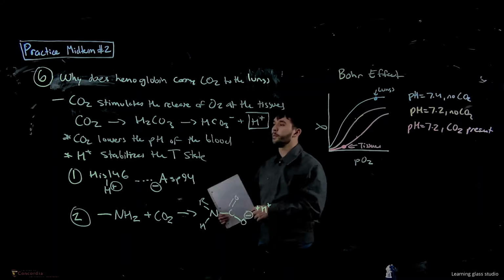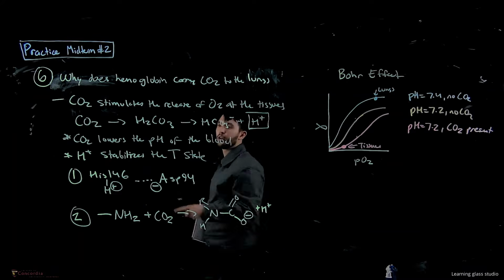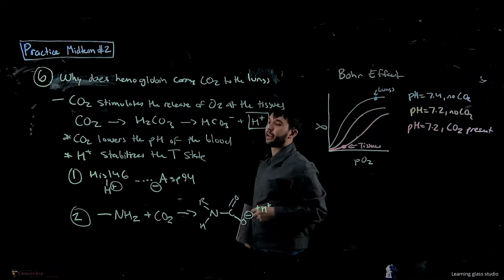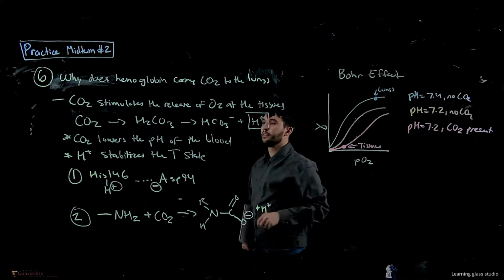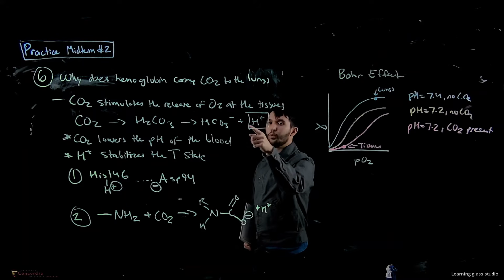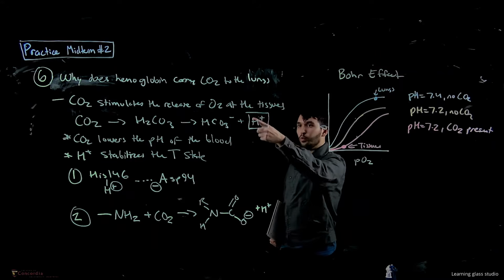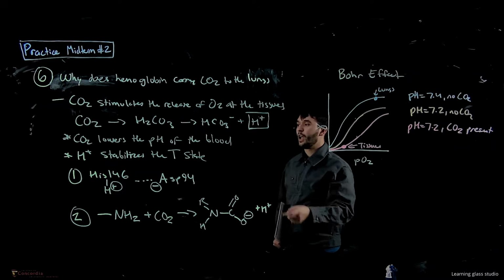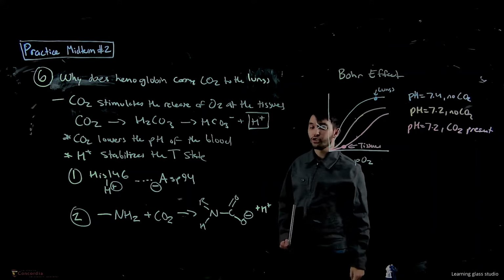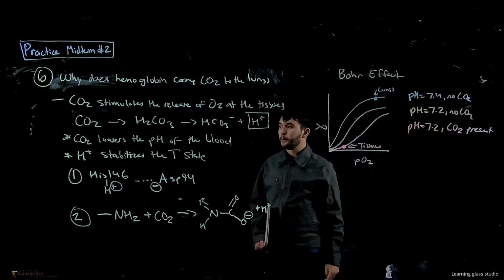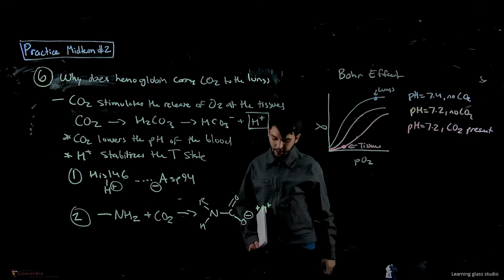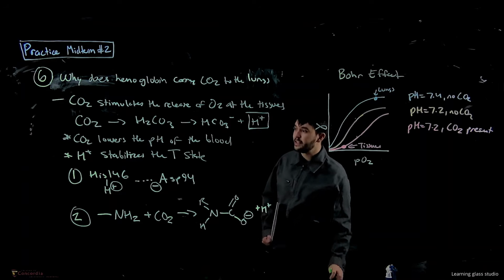So it's because when carbon dioxide dissolves in water, it produces carbonic acid. So carbonic acid is a fairly strong acid, and it will release a proton generating bicarbonate. So it will release this H+, and what this does is this will lower the pH of the blood, okay? And the H+ will actually end up stabilizing the T state.